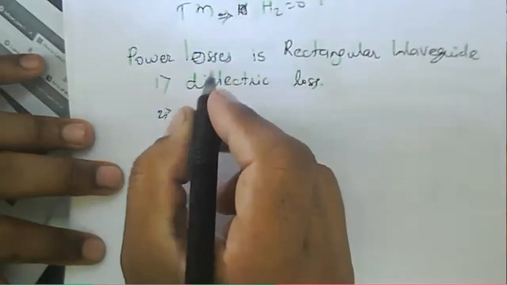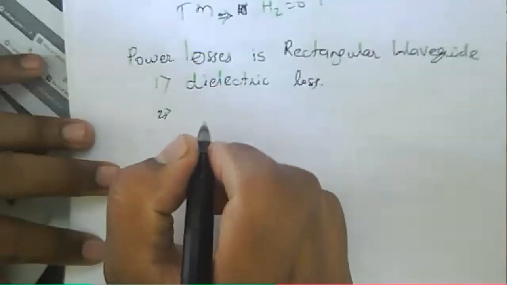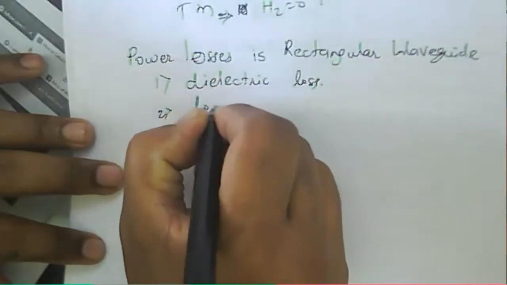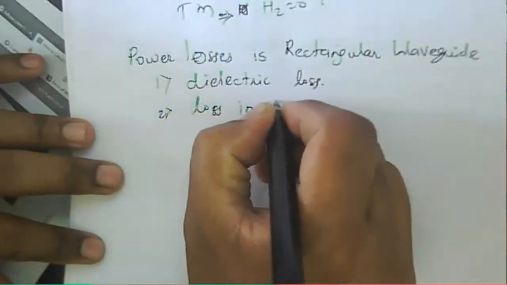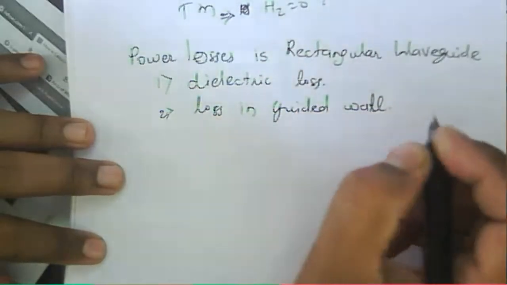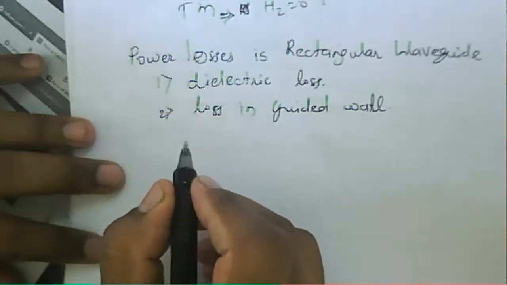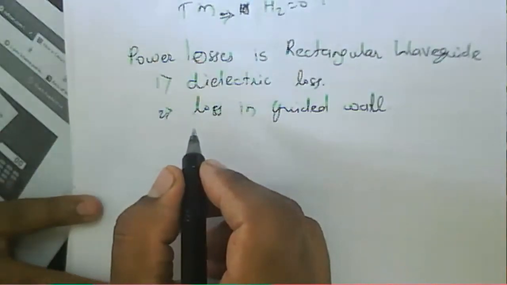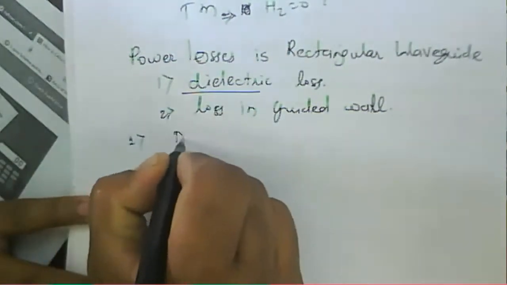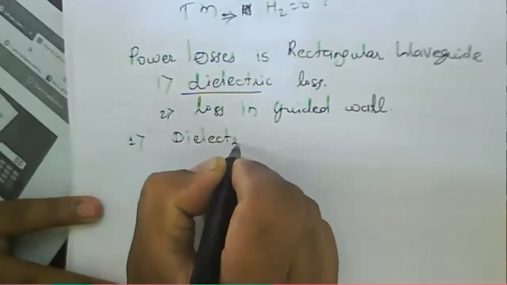Next is the loss in the guide walls, meaning the walls of the rectangular waveguide. To obtain the loss, we first consider the dielectric loss, which depends on the medium we have.